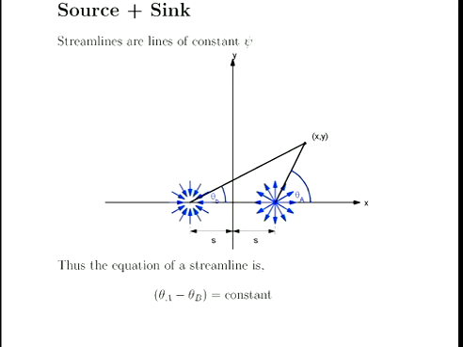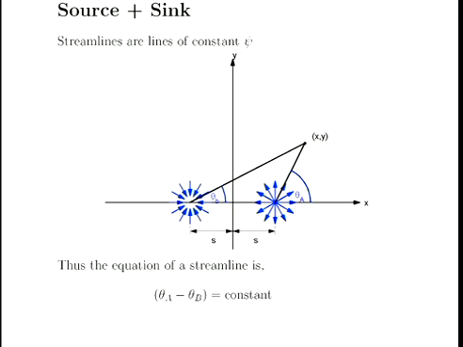So actually, since q on 2 pi is also a constant here, what I'm effectively saying is that the equation for a streamline, or a line of constant stream function, is just theta A minus theta B is equal to some other constant.